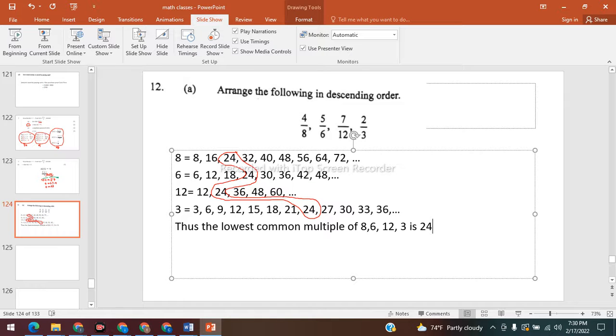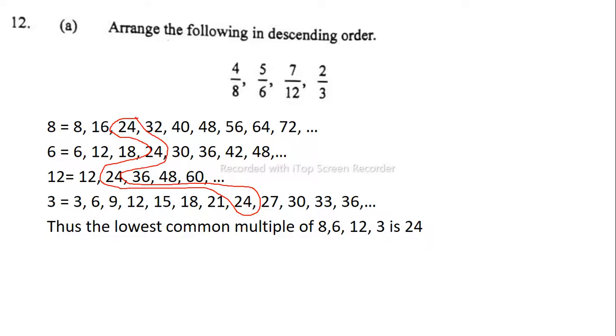Are we right? Yes, sir. Okay, so now we need to consider each of these fractions. We have 4 over 8, which equals 2 over 4, and we know that the bottom number is going to be 24.